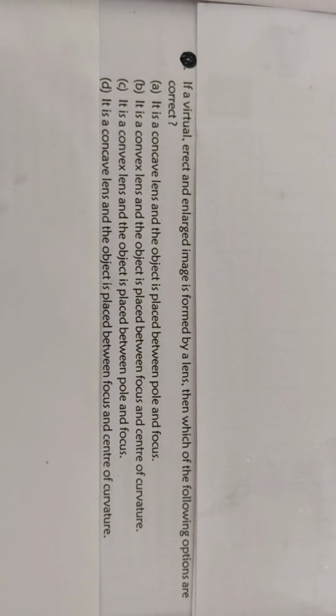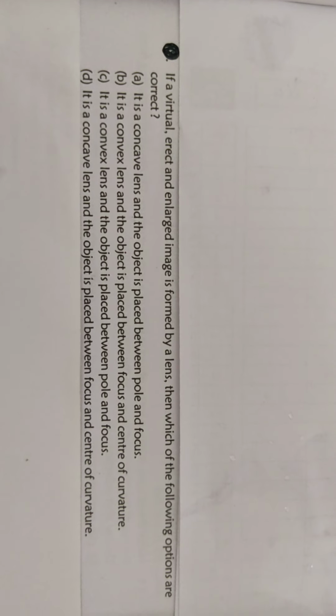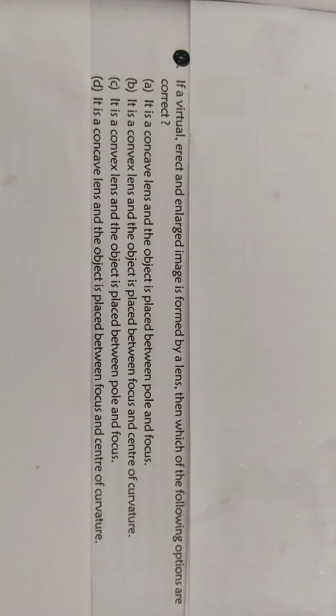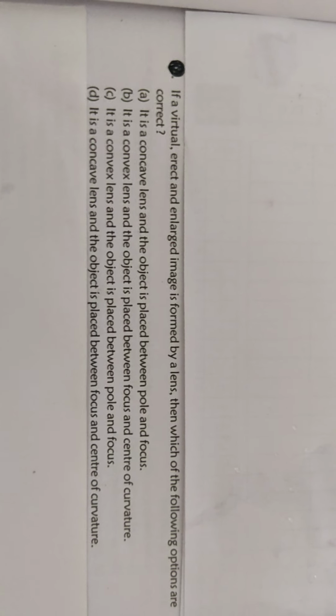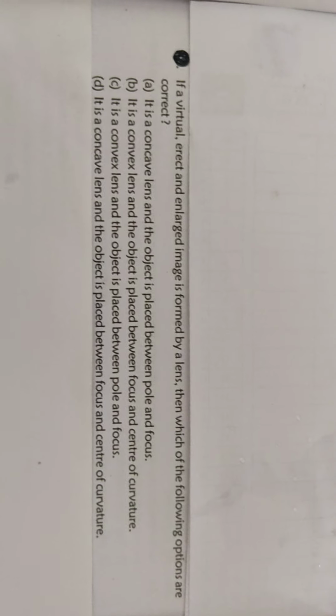So the lens should be convex and the object should be placed between its focus and optical center. Okay, so C option here, if we are asked to choose the option, we'll choose C, but remember that pole is wrong. It should have been optical center. Pole is a term used for the geometrical center of the reflecting surface of a mirror, and optical center is the geometrical center of any spherical lens.